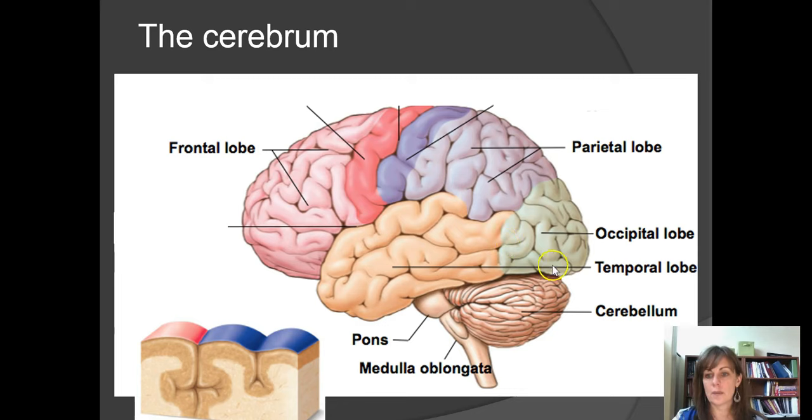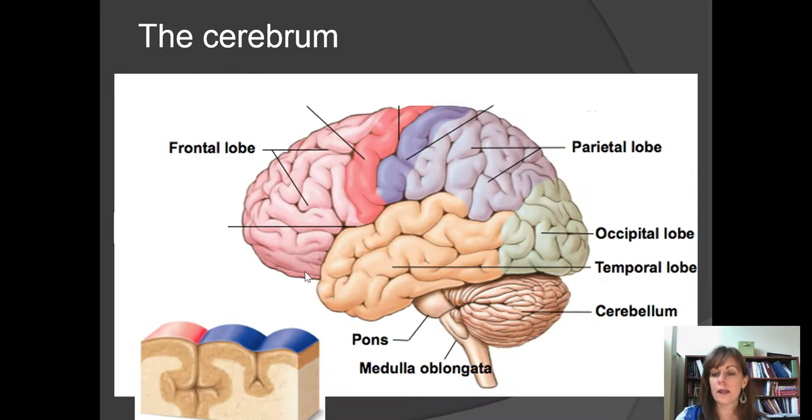In green at the back is the occipital lobe. And then over here is going to be the temporal lobe. It's on the sides, but a little bit inferior. Now you may notice, hey, but we just called this the precentral gyrus. Yes, the lobe includes that bump. It includes that gyrus.